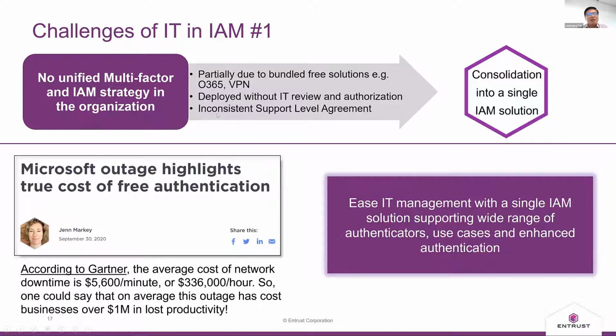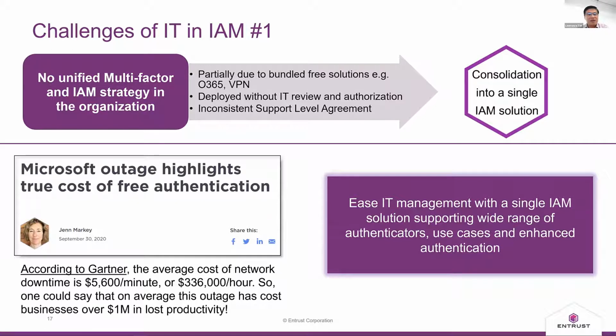And when the multi-factor authentication system is down, the support level agreement is different, because sometimes it's free, so the SLA will not be very prompt and reliable. One example that I can give is last year's Microsoft outage, where all the Outlook email services, Office 365, Teams, collaboration suite experienced a prolonged outage lasting up to 6 hours in some cases.